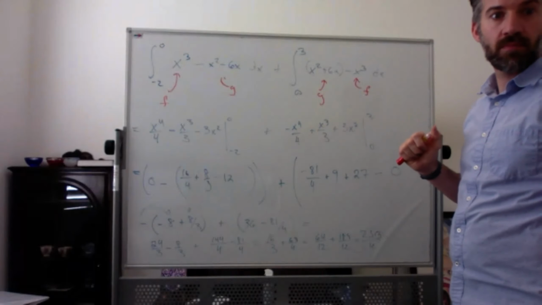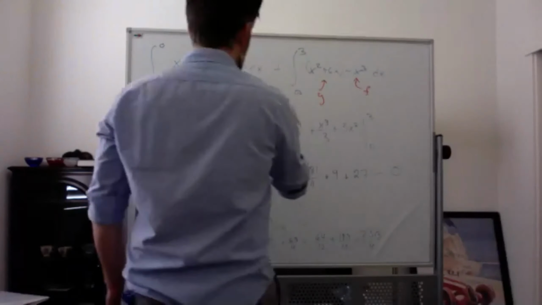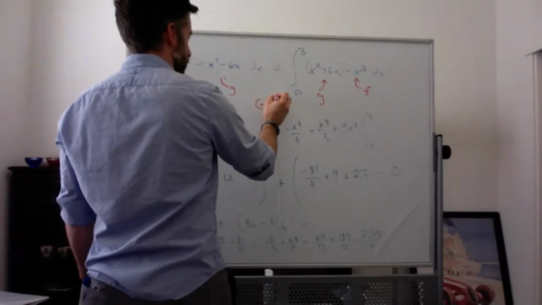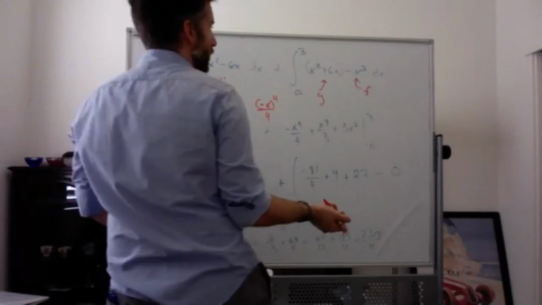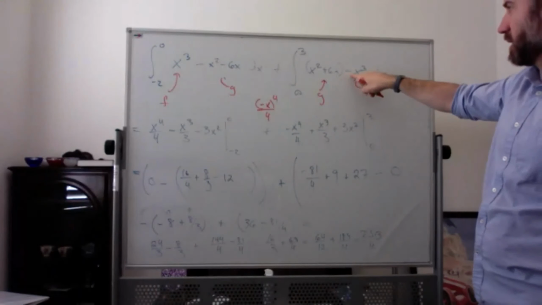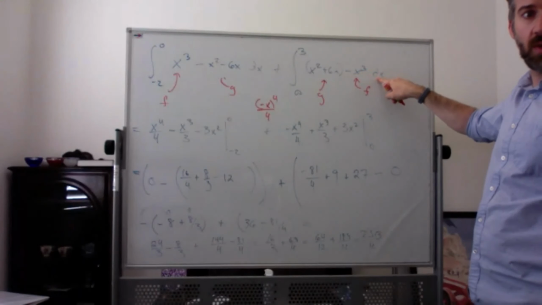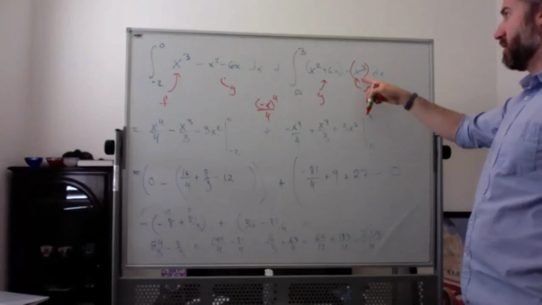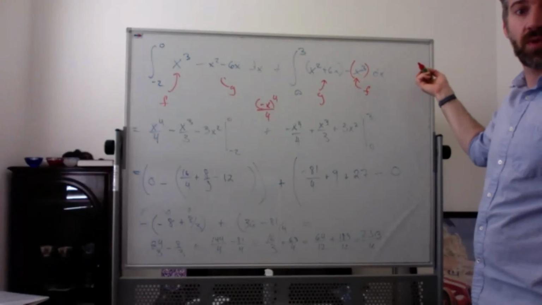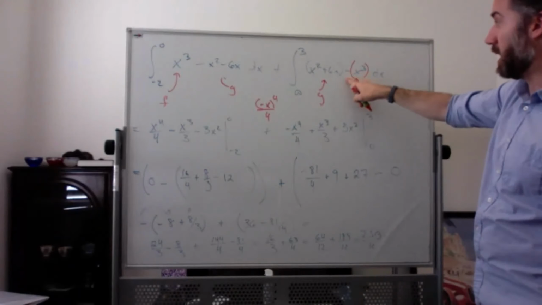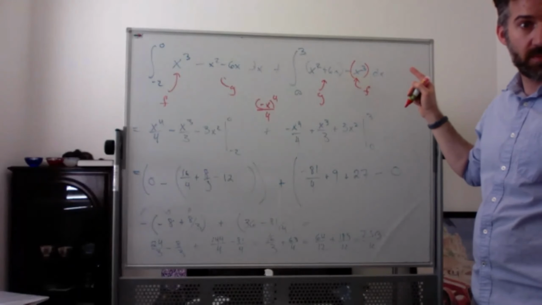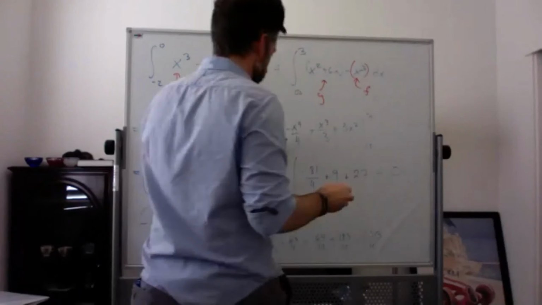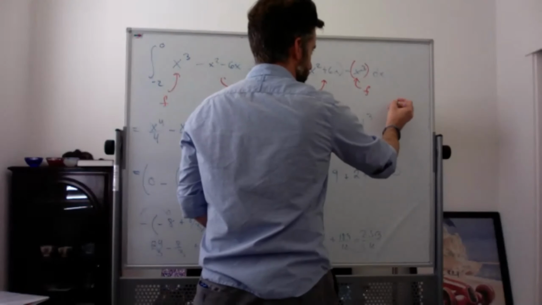Yeah. So the reason that's not the case is because I've got minus x cubed. So I'm just treating this kind of like itself, and the antiderivative of that is x to the 4th over 4. Okay. But it's minus x to the 4th over 4. Gotcha. Okay. And so when I plug in the 3 here, it's not this.